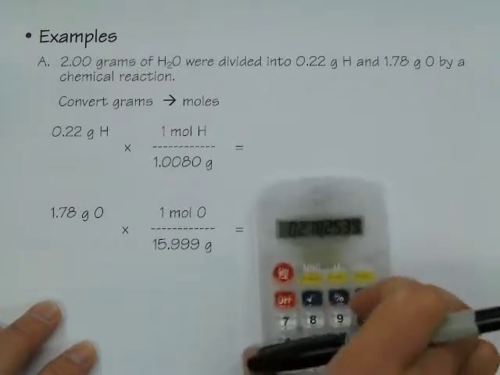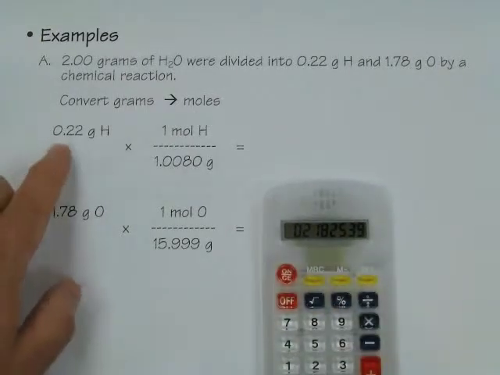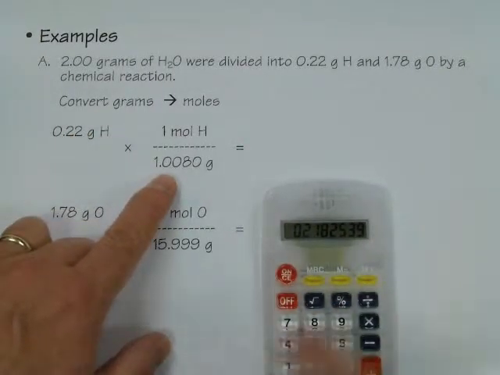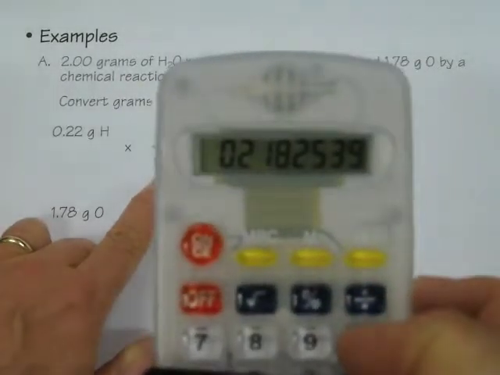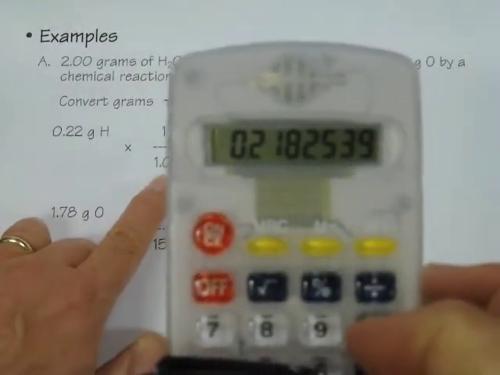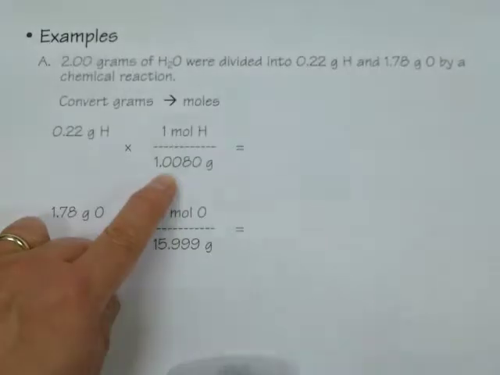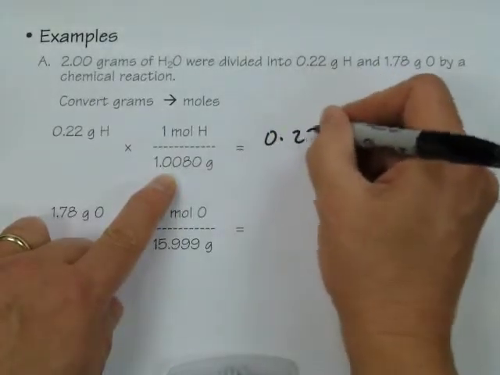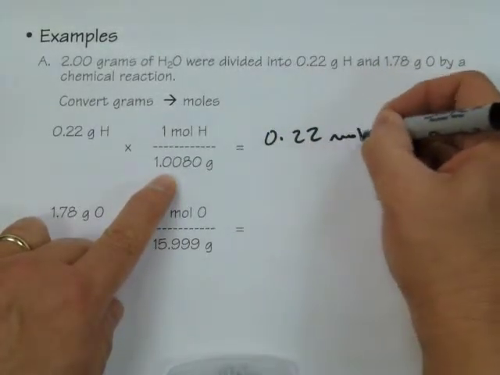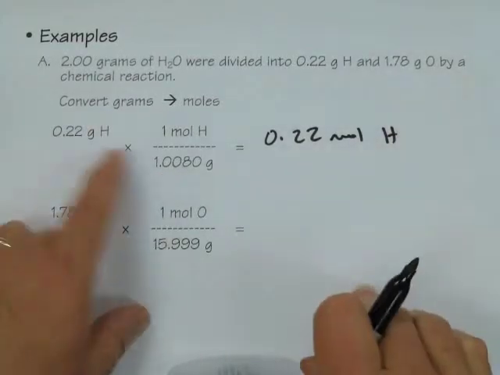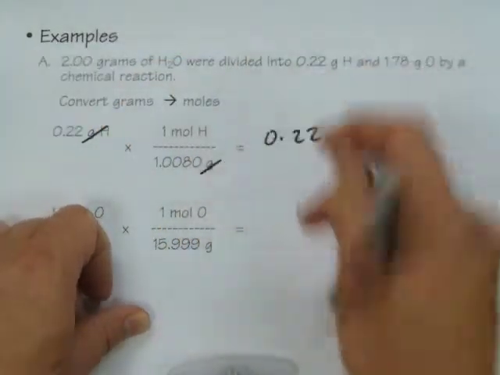Since I have 2 significant figures divided by 5 significant figures, I'll only keep 2 significant figures in my answer, which will be 0.22, and the unit will be moles of hydrogen, because grams cancels out grams.